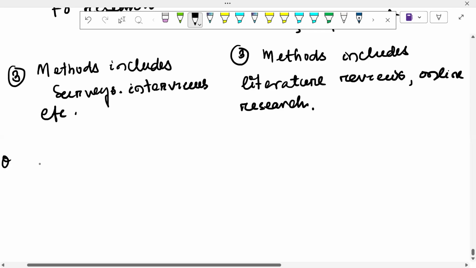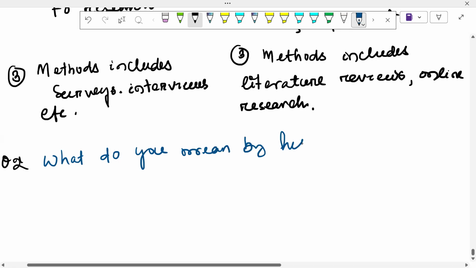What do you mean by histogram? Explain about equal and unequal intervals of histogram.